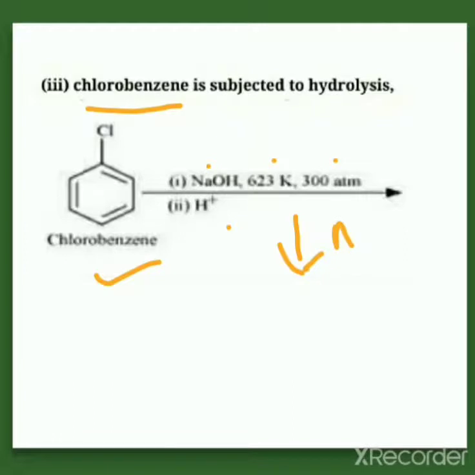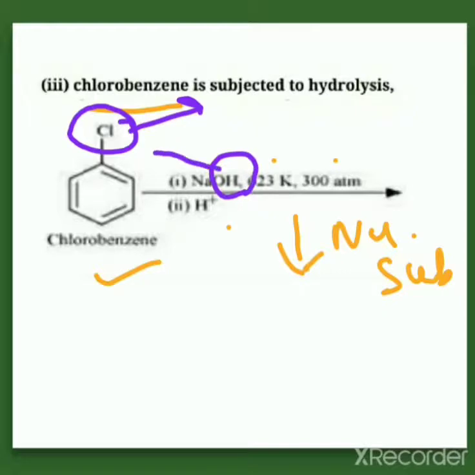So this equation is a nucleophilic substitution reaction. What do we get as the product here? Substitution means, as I told you, remove the halide part and keep the nucleophile here. Remove this part, and the nucleophile, that is OH, you have to keep in the place of Cl.